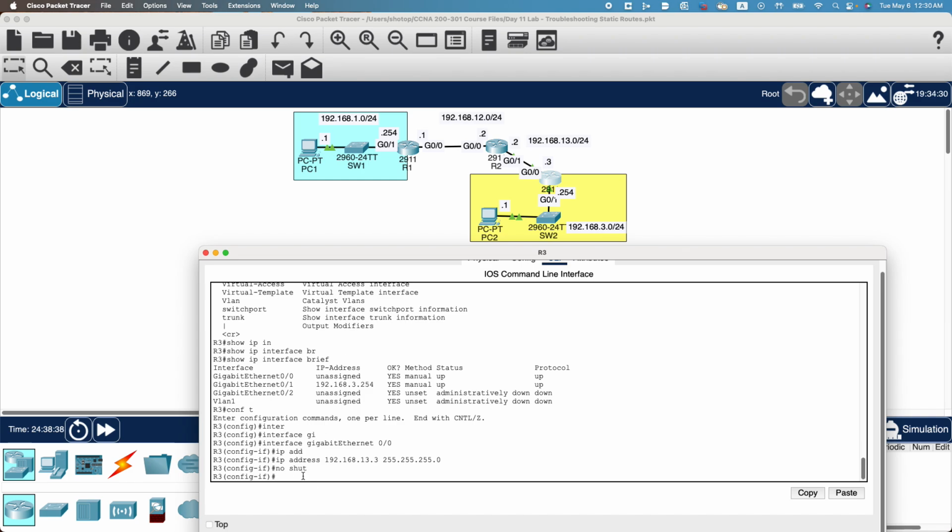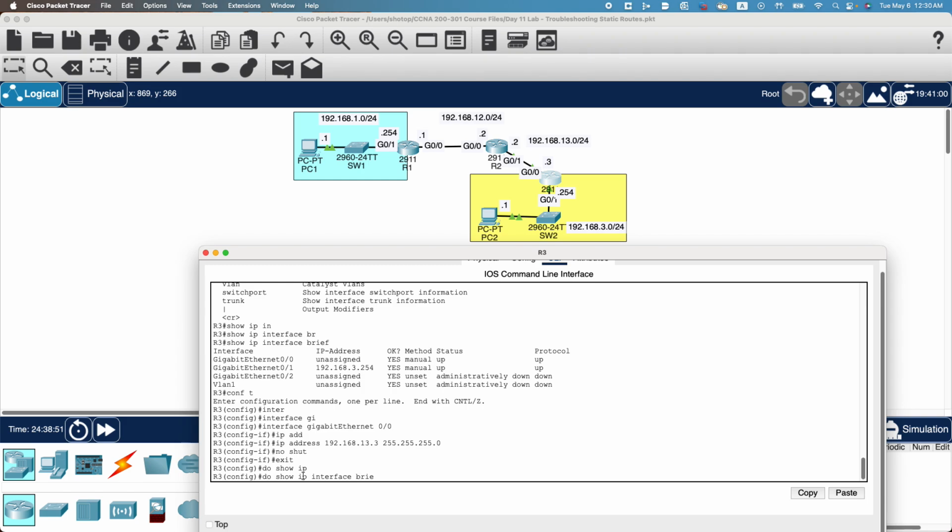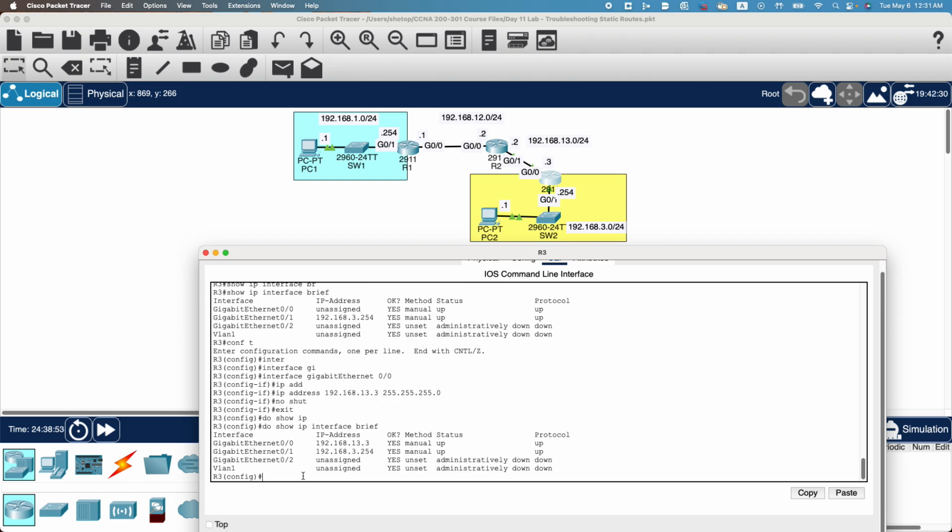Now do exit, do show IP interface brief. So it's got an IP address out to of 13.3. Okay. Now, that means I would expect it to have a directly connected route to this subnet there.